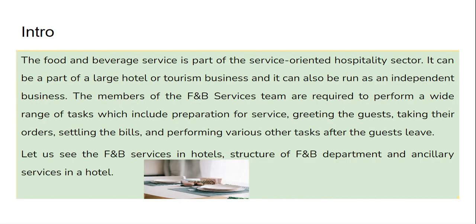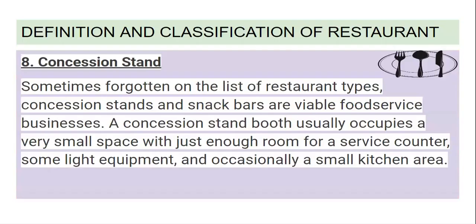So we have 8 classifications of restaurants. Let's start with, what was our first one? Cafe or coffee shop. We have the fine dining restaurant or formal fine dining restaurant. We have the fast food restaurant or QSR, which means quick service restaurant.